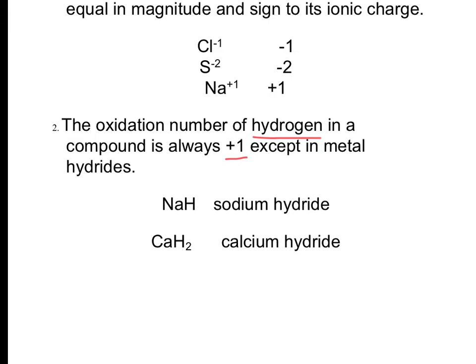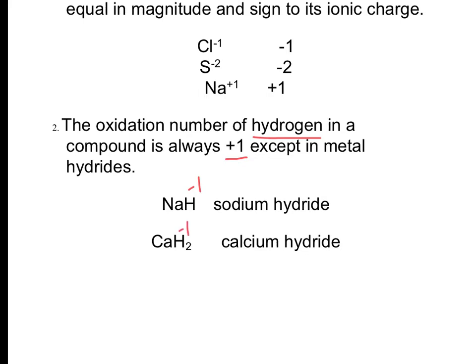But typically hydrogen is going to be +1, okay? So the rule is hydrogen is +1 except if it's in a hydride, a metal hydride compound. So these are examples of the exceptions. All right, I'm not going to give you too many exceptions, but it is important that you recognize that rule. So for an example, in a metal hydride, hydrogen will actually take on a -1 charge.